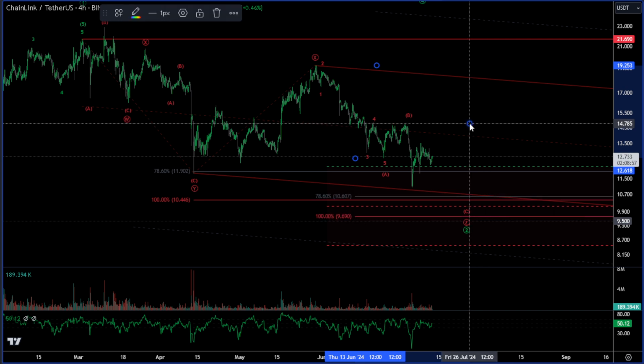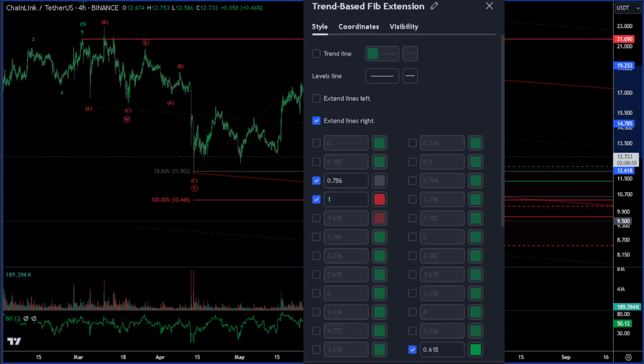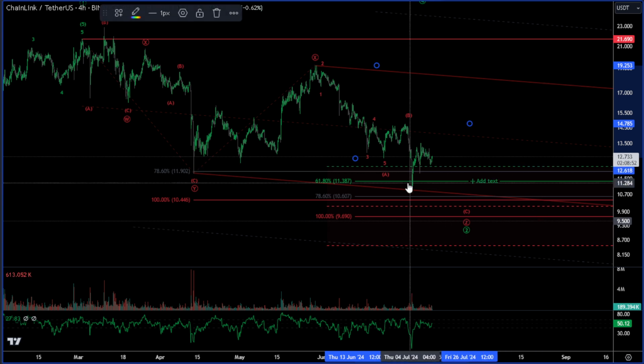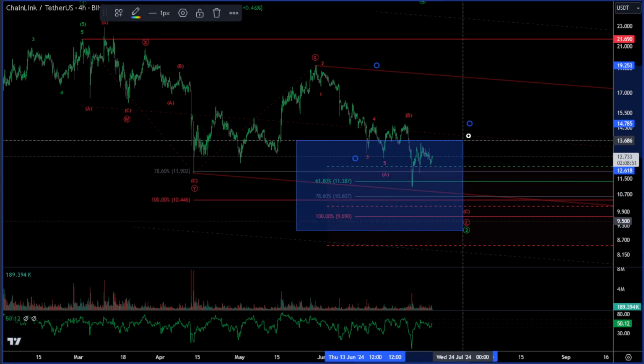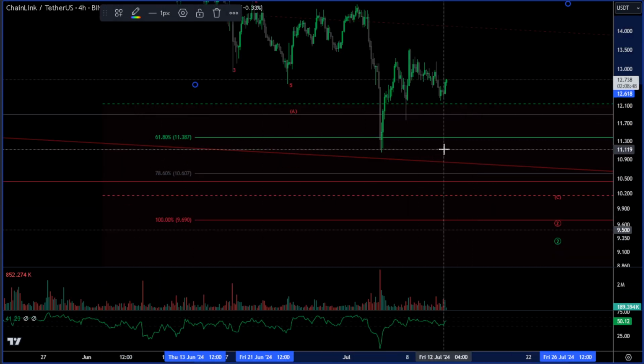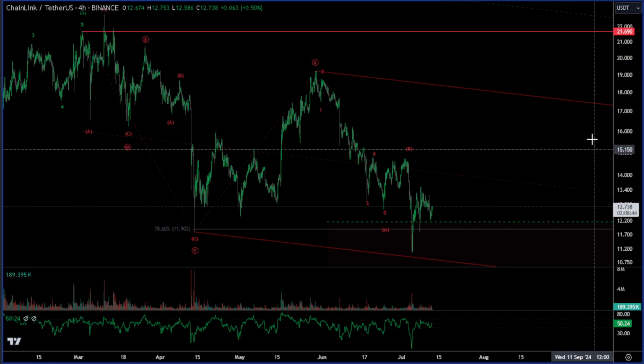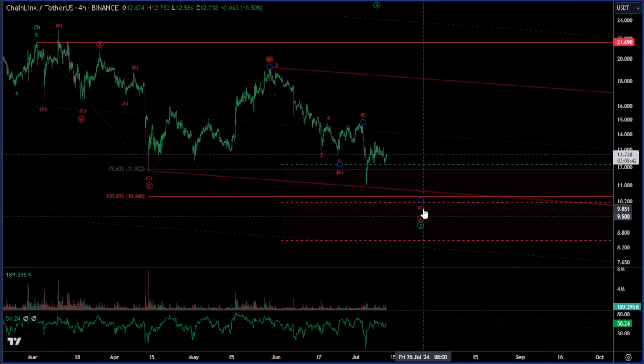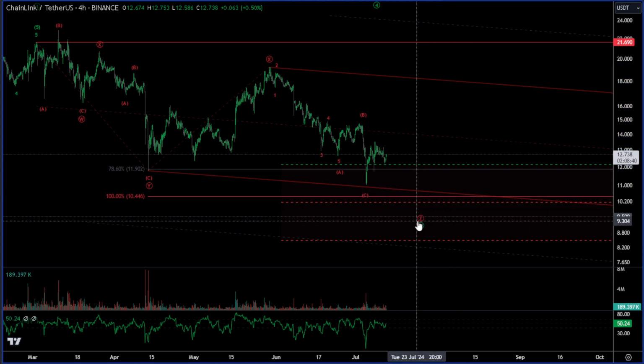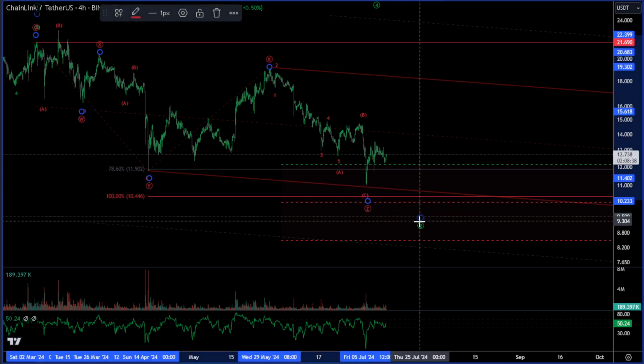Remember, our minimum requirement for our C that I would consider is the 618, which we ticked right there. So this can be a completed C wave in the zigzag. This can be complete, and our wave 2 can be complete.